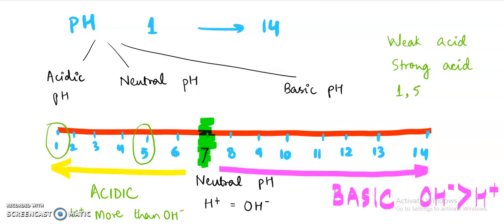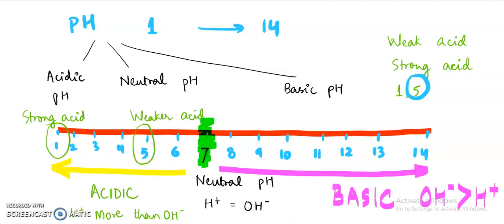Now which value is closer to 7? Of course, 5 is closer to 7. The closer the value is to the neutral pH or the 7 value, the weaker it would be. That means 5 turns out to be the weaker acid, whereas 1 is further from the neutral value. Thus, it would act as a strong acid.